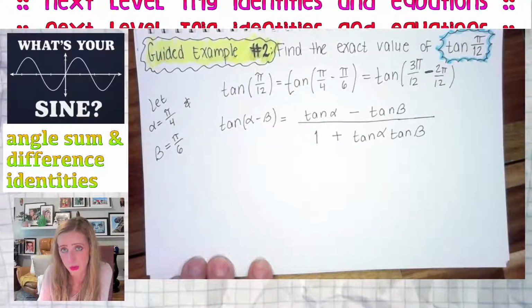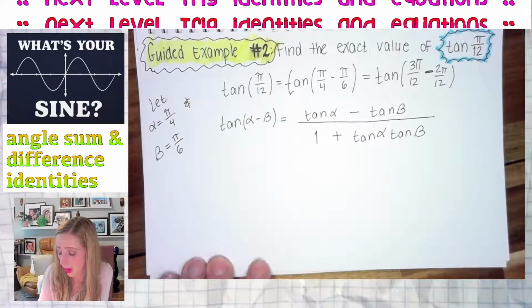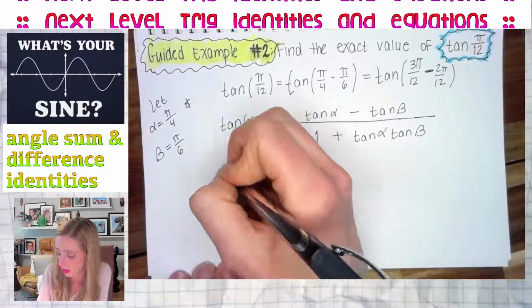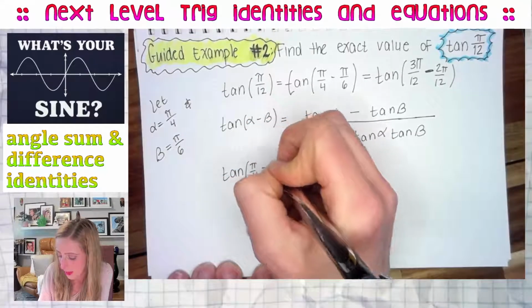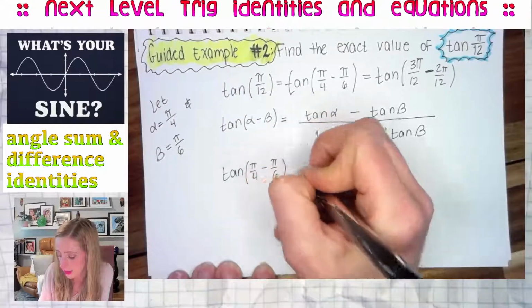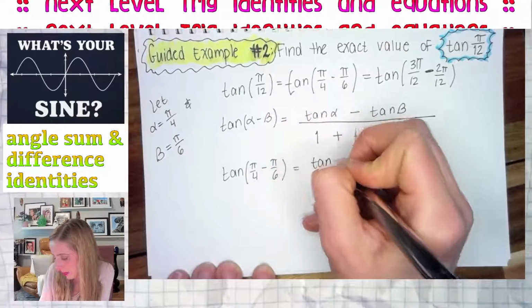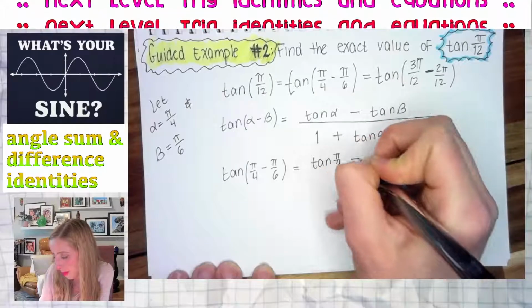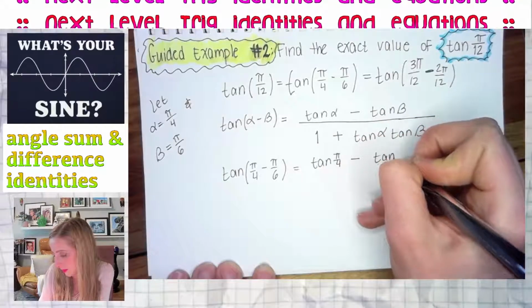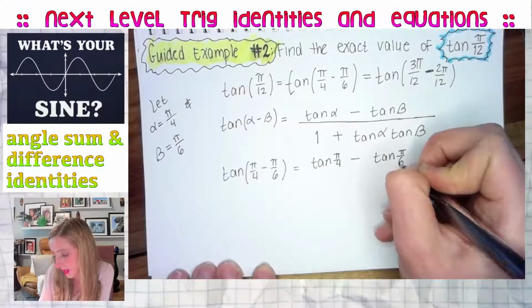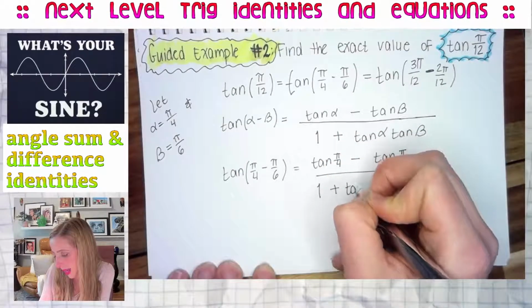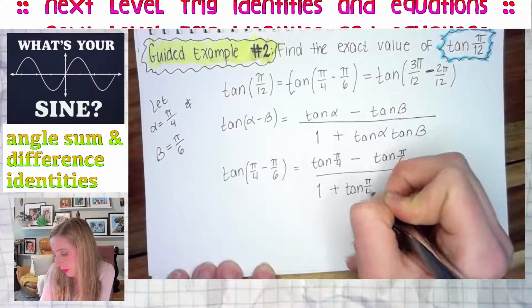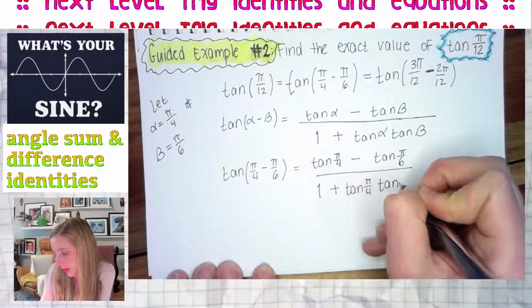Now everywhere we have an alpha, we're filling in pi over 4, and everywhere we have a beta, we're going to fill in pi over 6. Tan pi over 4 minus pi over 6 equals tan pi over 4 minus tan pi over 6 over 1 plus tan pi over 4 tan pi over 6.